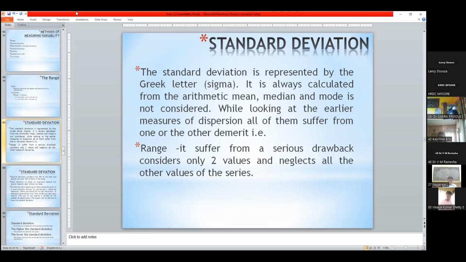Since SD has come high, it gives you the idea that either the sample selected is not the right sample for your study, or you have given a tool which is not appropriate for that age group. Because of these two things, your standard deviation may be high.